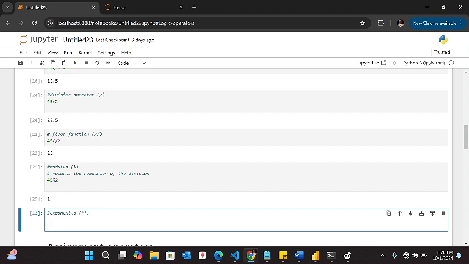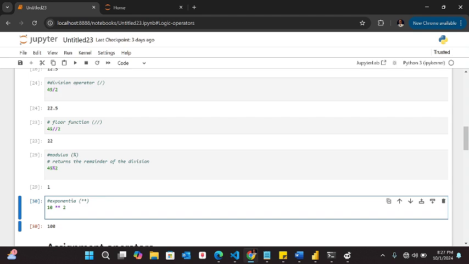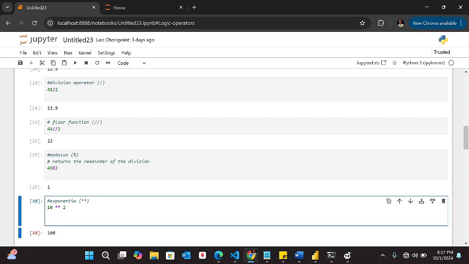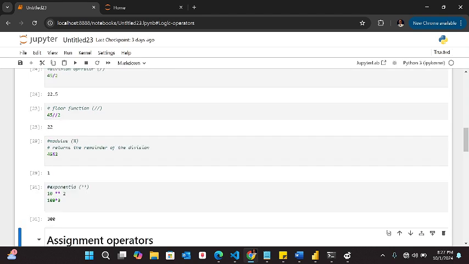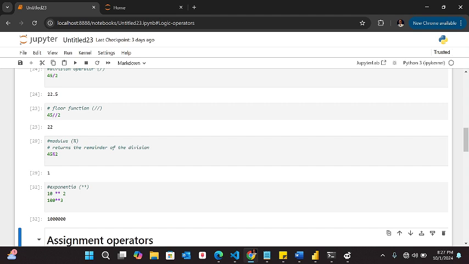So let's say we have 10 raised to the power of 2. We have 100. And we could still have 100 raised to the power of 3, and we have 1,000,000, right?